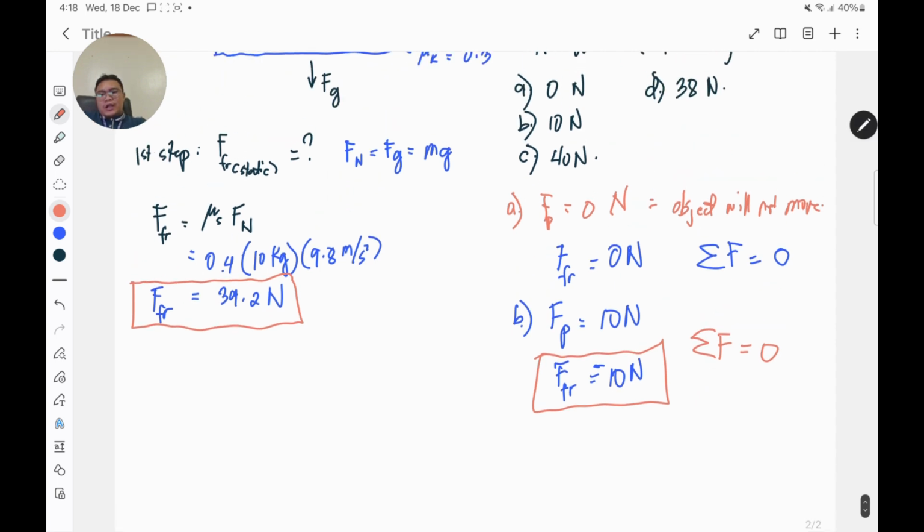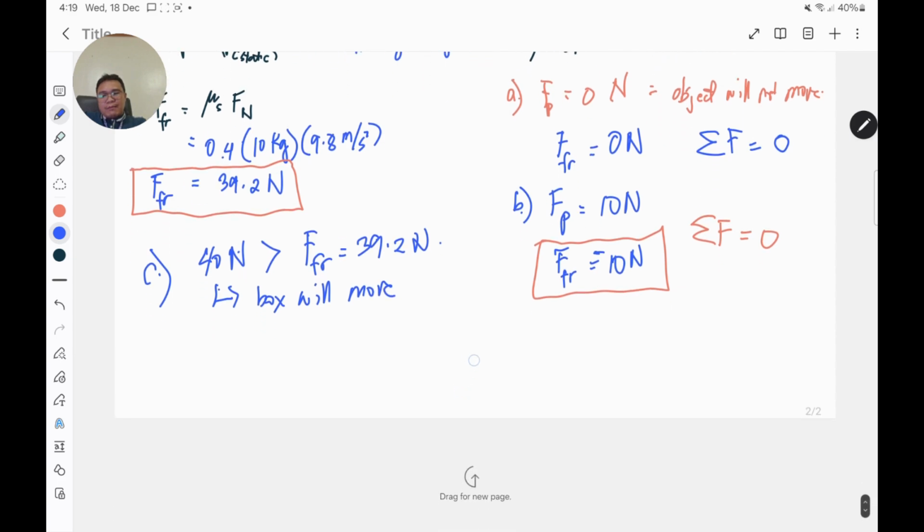How about for letter C? For letter C, that is of course 40 newtons. Now, 40 newtons, as you can see here, is bigger than your FFR, which is equal to 39.2 newtons. So if you apply this force, the box will move.